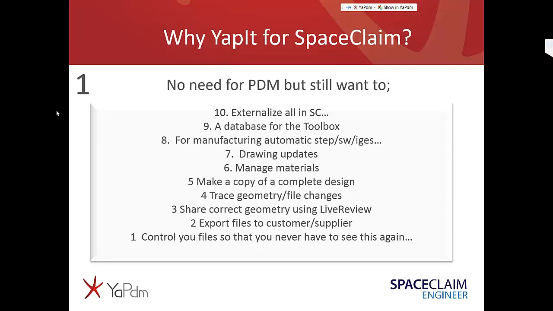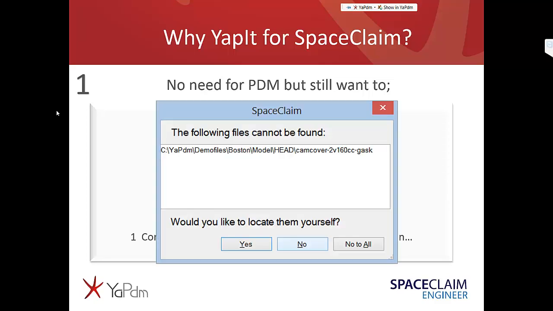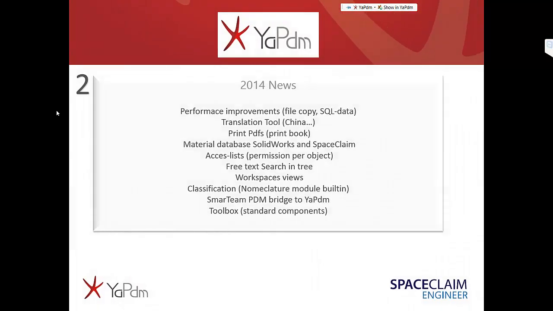It's very easy to export files, and of course, simply if you just want to give your components IDs and simple revision management, you get it all in one place, so you don't have to look for the files or lose the files when you pass them over to someone else. So let's take a look at some of those things.